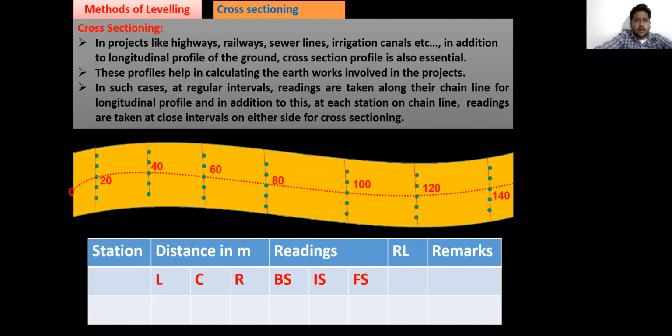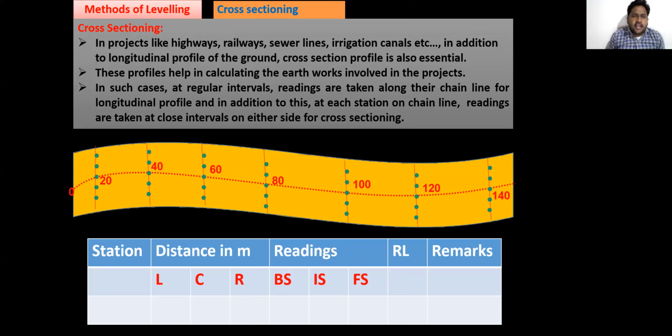Next, cross-sectional leveling. This is the cross-sectioning, where we are taking the elevations. In projects like highway, railway, sewer lines, irrigation, in addition to the longitudinal profile of the ground, the cross-sectional profile is also essential, because we can't take decisions depending only upon a longitudinal profile of the ground.